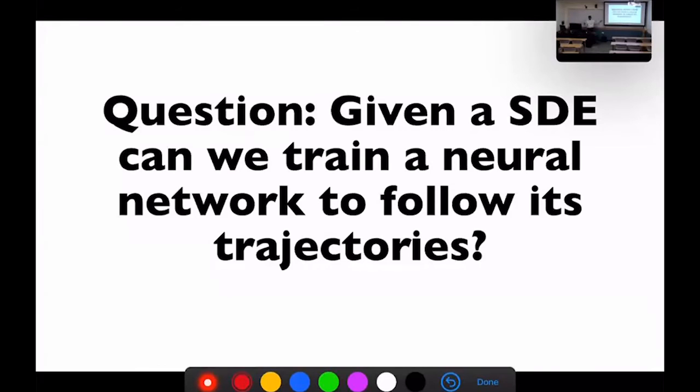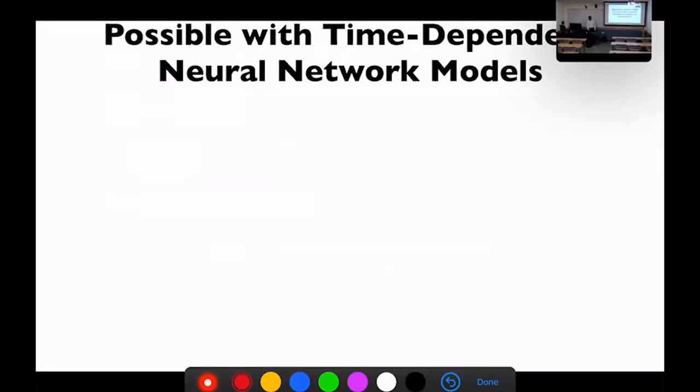These are completely different so far, and that's the question considered. It turns out that someone else has already thought about this exact same problem in recent times, and they said it's possible to do so with what they call time-dependent neural network approaches.